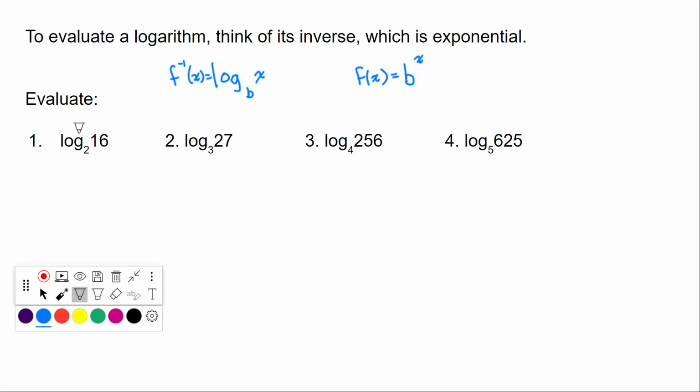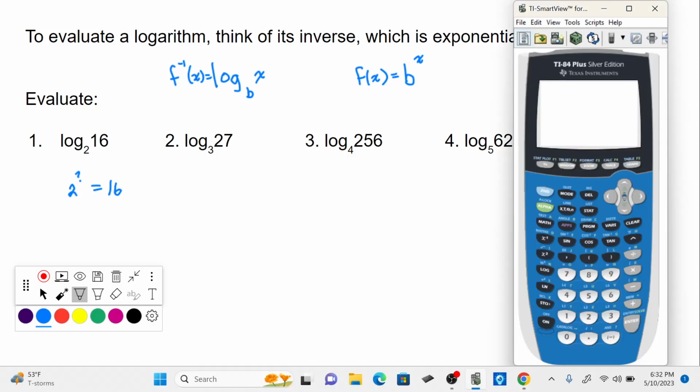So if I want to evaluate log base 2 of 16, I need to think about 2 to what power is going to equal 16. Now, if you don't know these off of the top of your head, you can always take a calculator and just test some values.